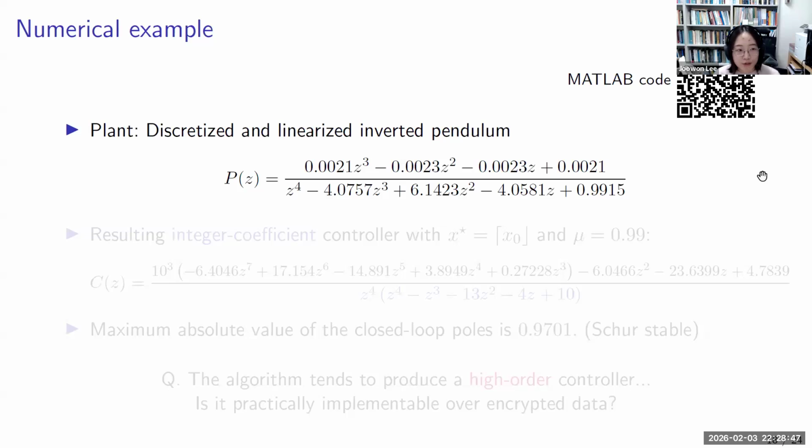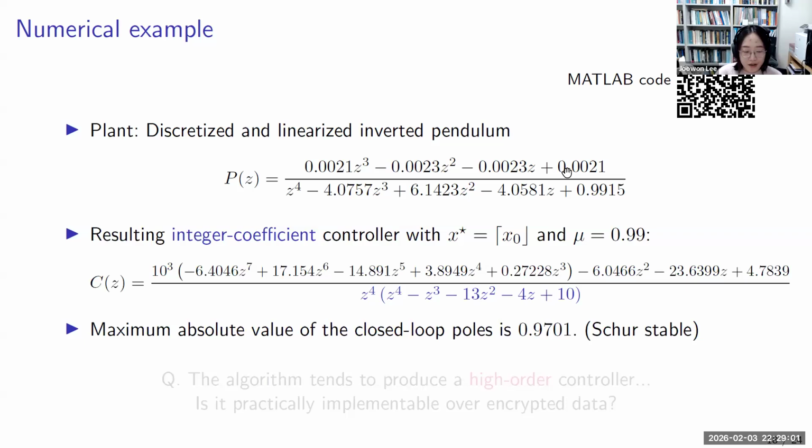Now I'll show a numerical example. Let's consider a discretized and linearized inverted pendulum as the given plant. Through our proposed algorithm, the resulting controller looks like this, which clearly has integer coefficients in its denominator.